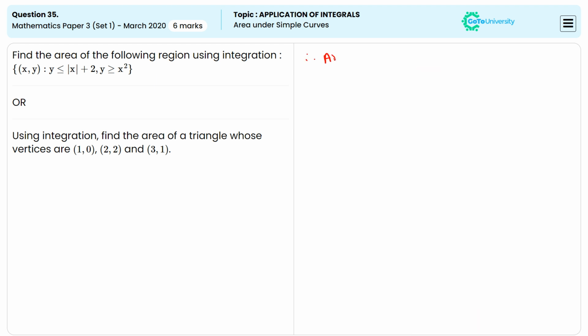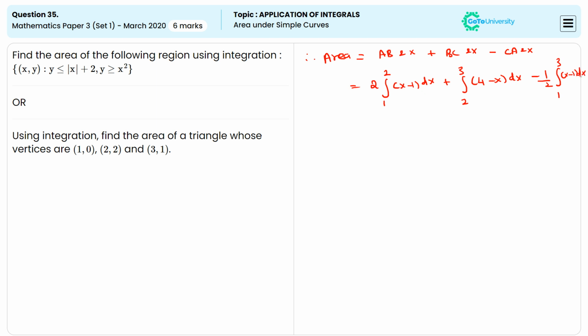Therefore the required area is the area enclosed by line AB and the x-axis, plus the area enclosed by line BC and the x-axis, minus the area enclosed by line CA and the x-axis. So we can write 2 times the integration with limits from 1 to 2 of (x minus 1) dx, plus the integration with limits from 2 to 3 of (4 minus x) dx, minus 1 by 2 times the integration with limits from 1 to 3 of (x minus 1) dx.